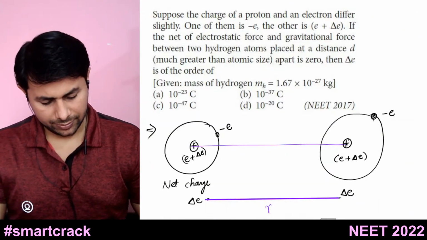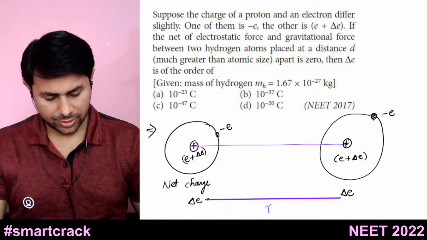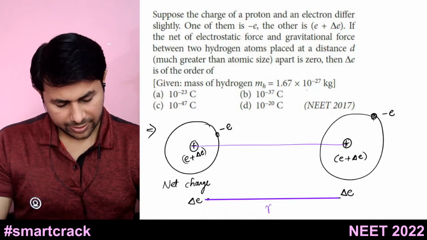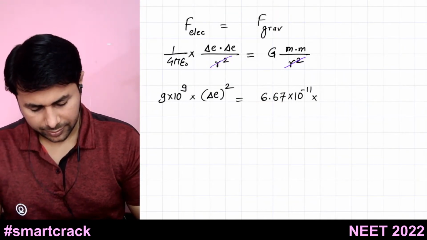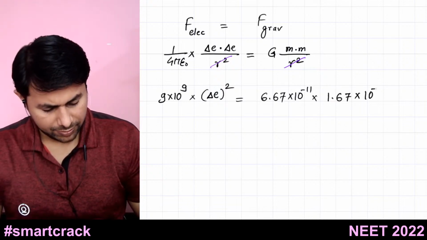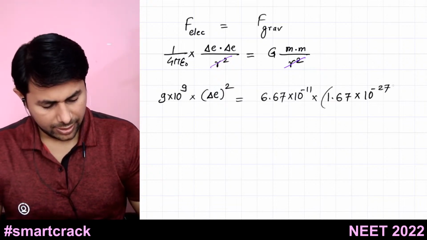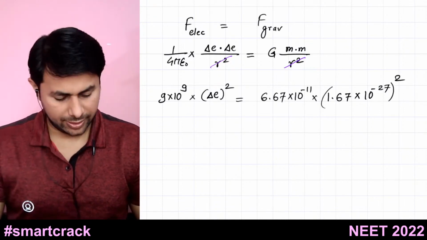What is m? It is the mass of a hydrogen atom, 1.67 into 10 raised to minus 27, it's given. And we have the square of that because we have two hydrogen atoms.